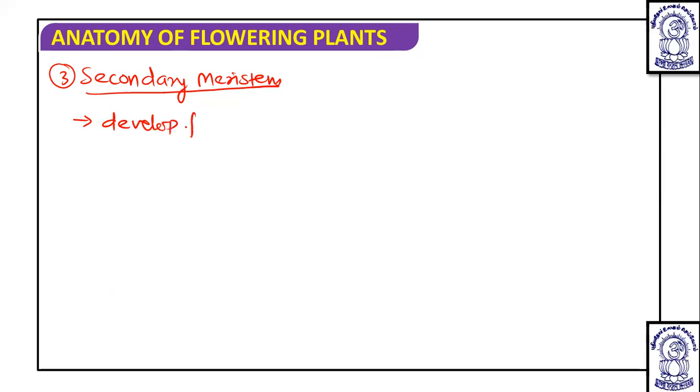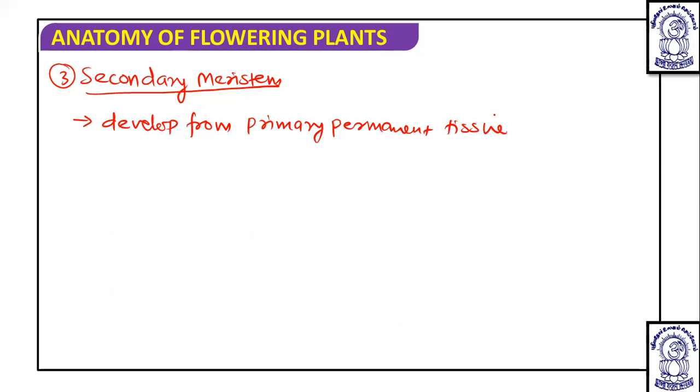After this, if we talk about the secondary meristem, then the secondary meristem is developed from primary permanent tissue.